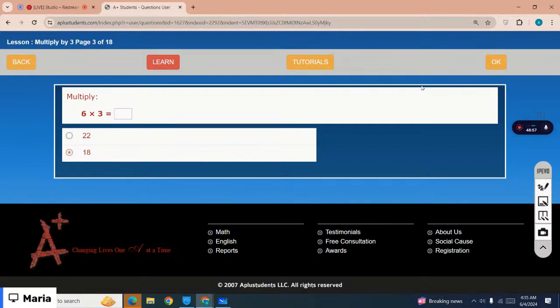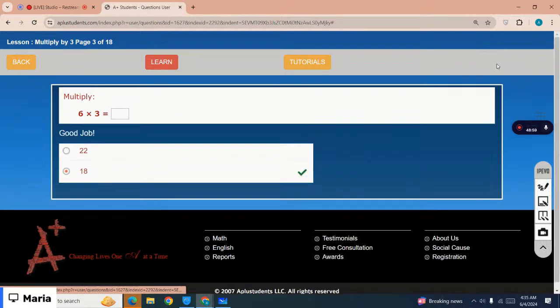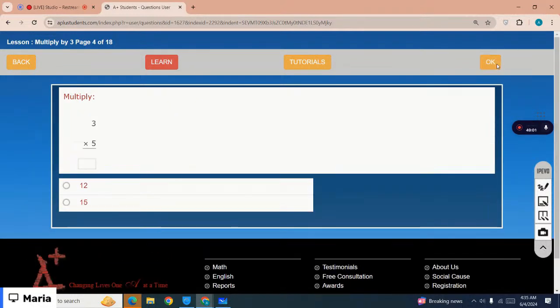Yes, 18 it is. The correct option is 18. 3 times 5, which is the correct option? 3 times 5 is 15. The correct option is 15.